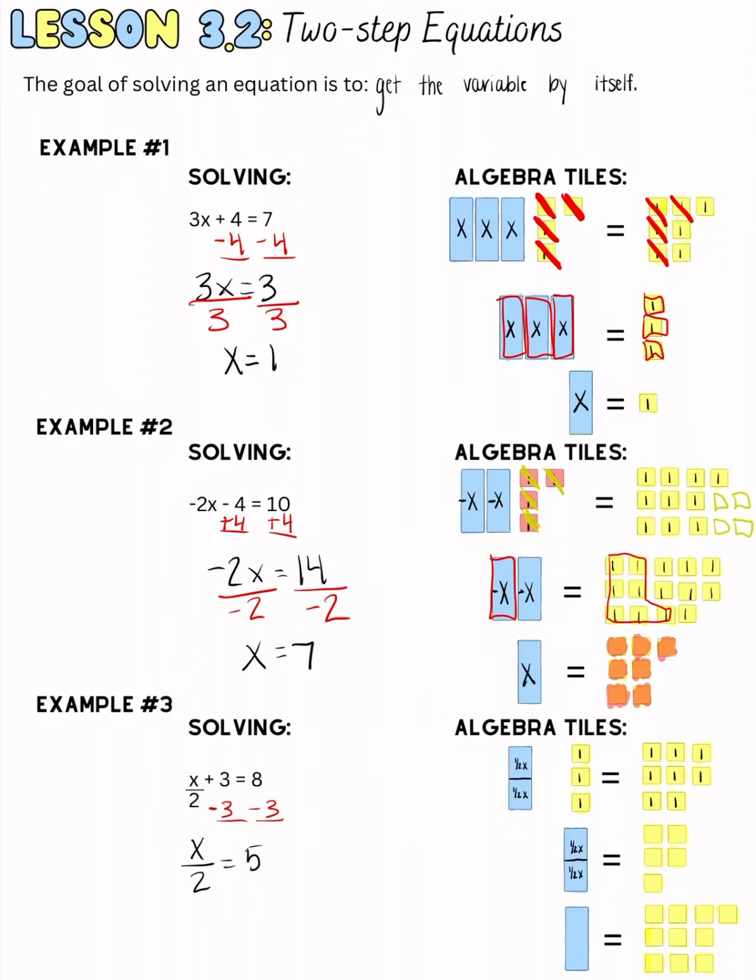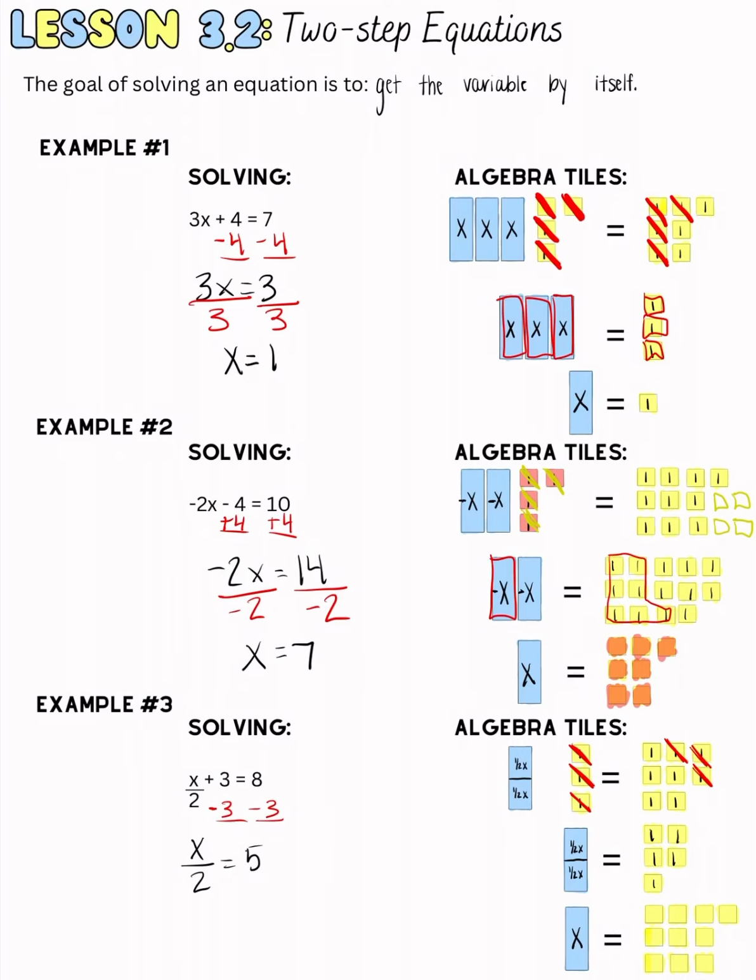And if you look on my algebra tiles, I'm taking away 3, so I'm left with 5. So then I have half of x is equal to 5. And I want to know what a whole x equals. So if half of x equals 5, then a whole x would be 2 of 5.